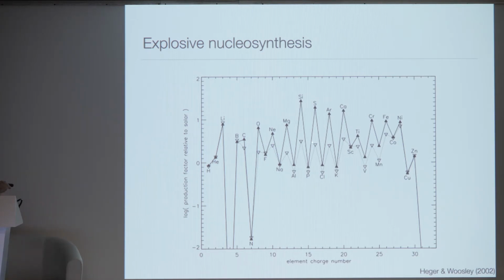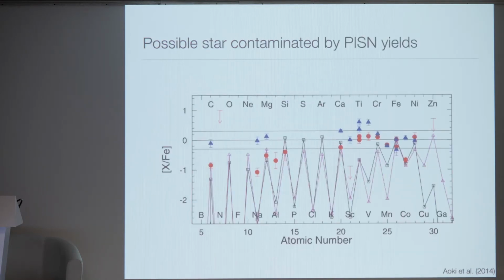These are, I think, normal core collapse explosions. So we see a strong difference in the odd and even elements. The difference is large, and this was also introduced by Nozomu. So there are some stellar candidates that may be explained by this kind of mechanism.